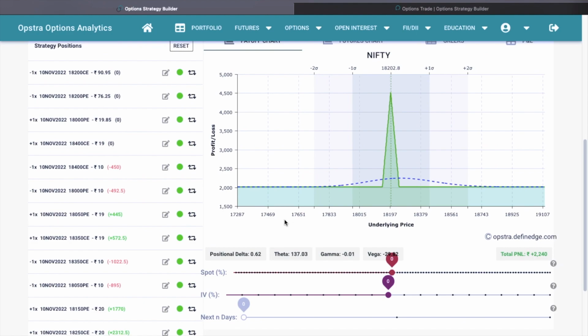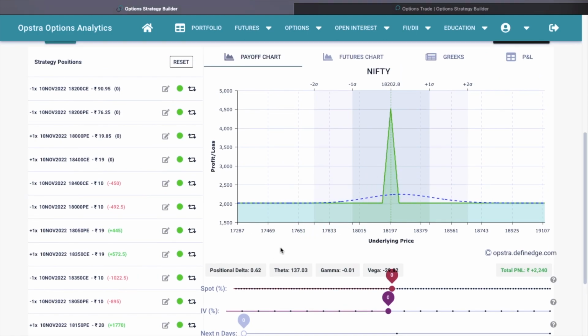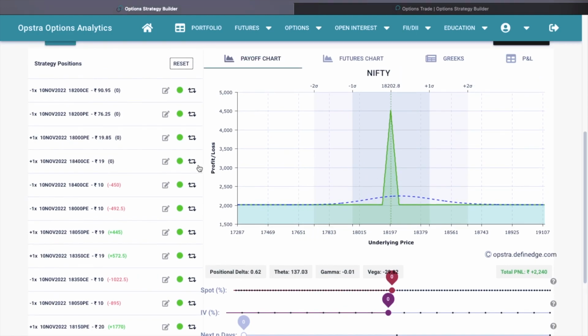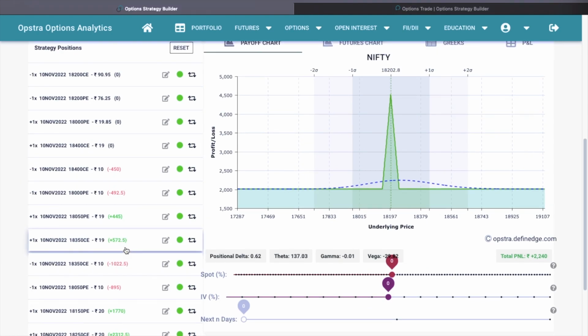So the main approach for this strategy, let me tell you, is like if the market moves, let's say next morning to 18,100. Okay, here I have considered that the market has opened flat all back to back tomorrow and day after tomorrow and today also.